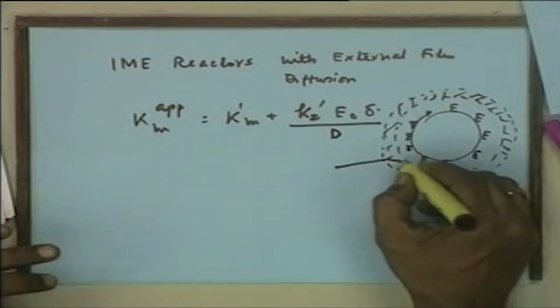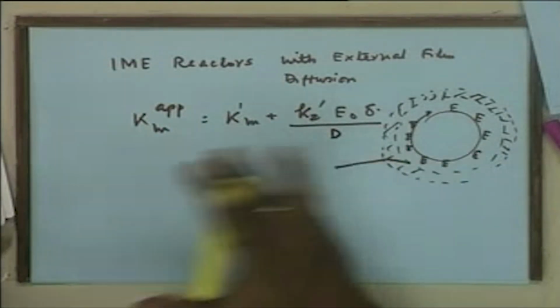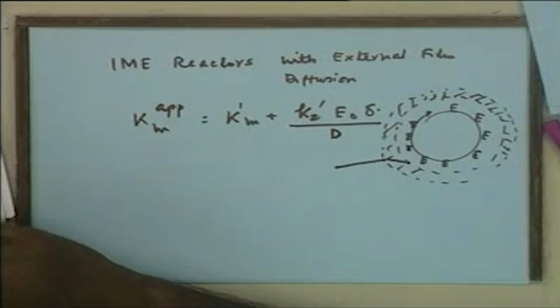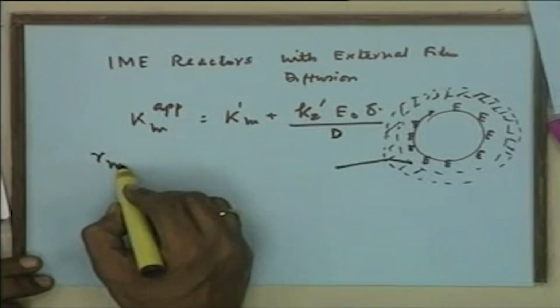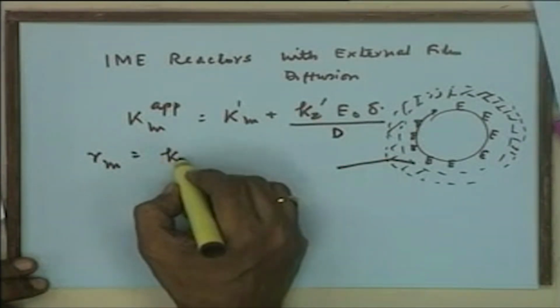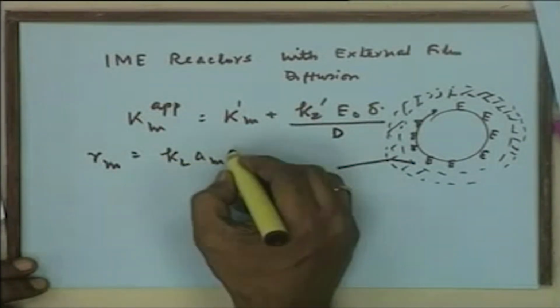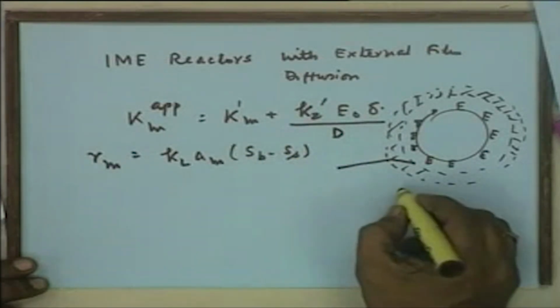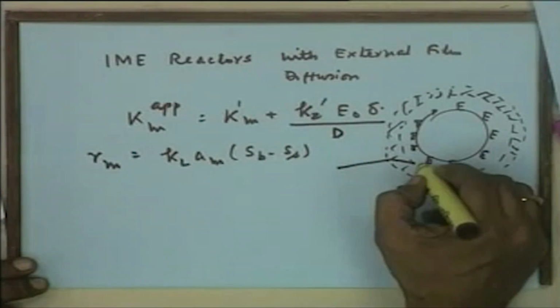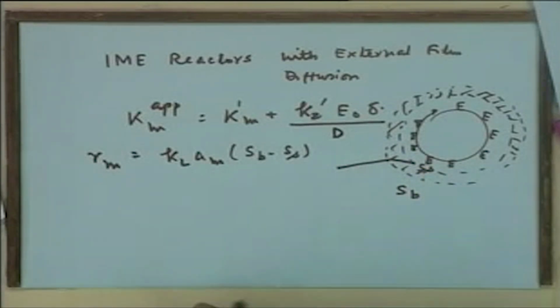Of course, for simplicity one can assume a linear gradient, and so the rate of mass transfer here will be equal to KL AM into (SB minus SS). Now, this is your SB, this is SS, that is the concentration gradient.